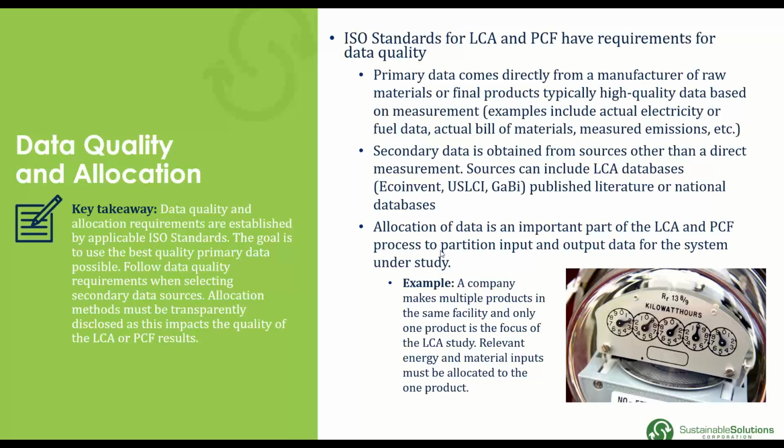That's usually coming from sources other than direct measurement. So we're going to get that from our LCA databases like EcoInvent, US LCI, GaBi, or published literature or national databases. Our goal in life is to try to get as much primary data as possible.